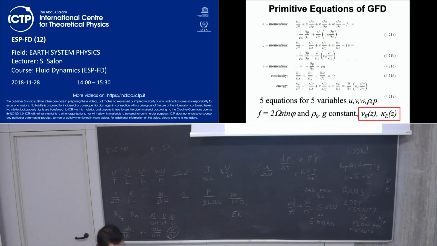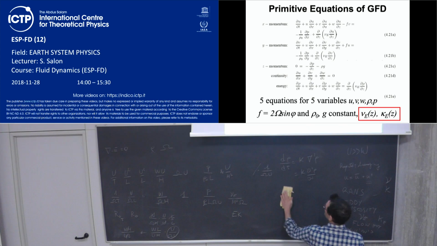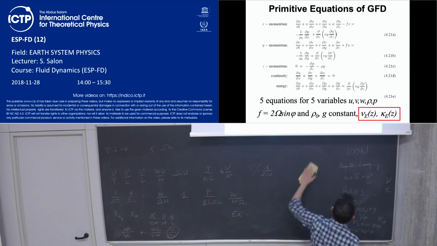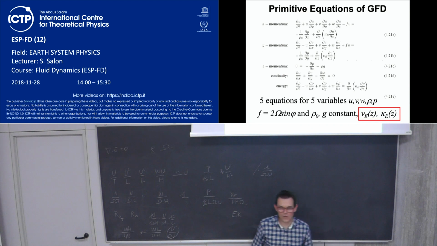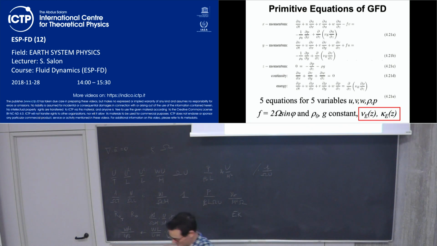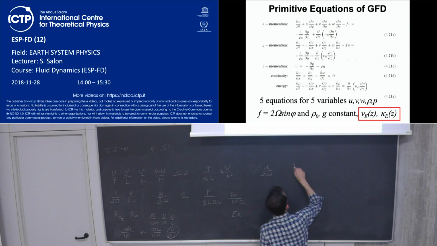So there is also another number which maybe those of you who worked with fluid dynamics can remember. Does any of you remember which is the most important dimensionless number in fluid dynamics? The Reynolds number.